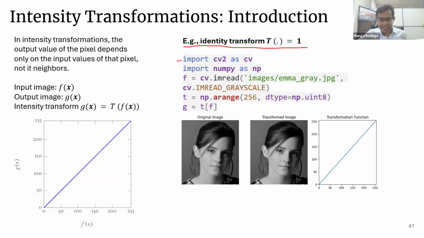Okay, import cv2 as cv as usual, the OpenCV, and import numpy as np, and we open the image of beautiful Emma Watson as a grayscale image, in read grayscale, you can see. All right, now this is the insanely important function. So I will ask you to look at that for some time.